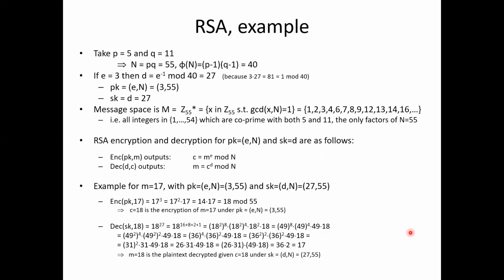Computing on larger moduli, even like 55, is not easy by hand. You would have to compute this and then do a modular reduction. It takes a bit. So the examples I will give you will deal with smaller moduli, smaller primes like 3 and 5 or 5 and 7, or something like this.